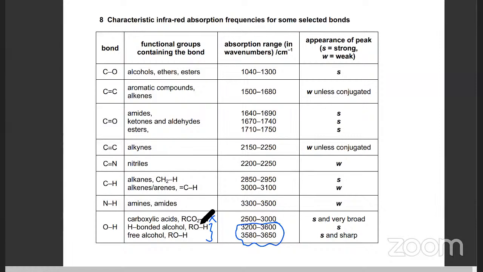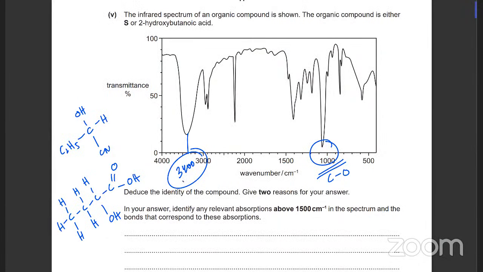It can't be a carboxylic acid OH, because that has an absorption around 2500 to 3000. So it's going to be this one, the normal alcohol. The amine can be left out because you don't have an N in this, so it's obviously not an amine. Nothing else is in the 3400 range. So that's a normal alcohol OH, but not a carboxylic acid OH. So that gets rid of this one. It can't be this one. It's probably going to be this one. Okay, is that clear?